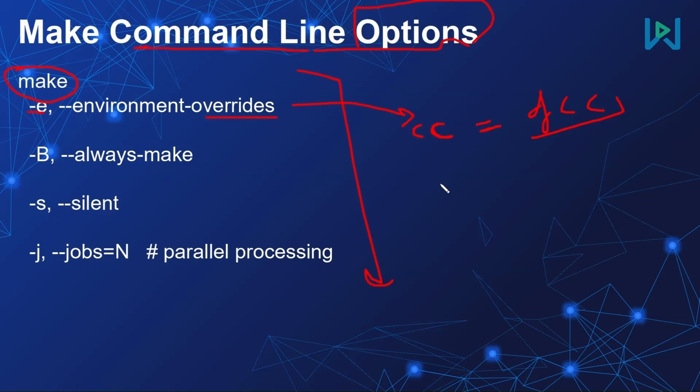Then within our Makefile and locally we do another reassignment of this variable to be clang, which means we're going to switch to use the clang compiler. Without the usage of this -e, GNU Make will prioritize the local assignment, and hence will end up using this clang compiler over the GCC one.